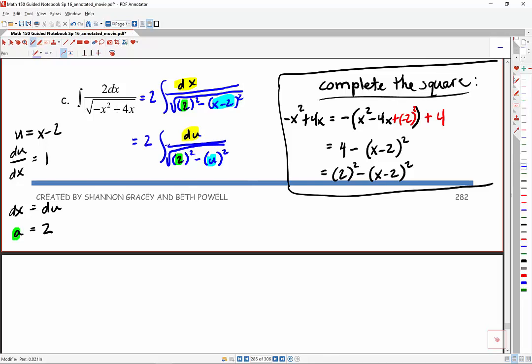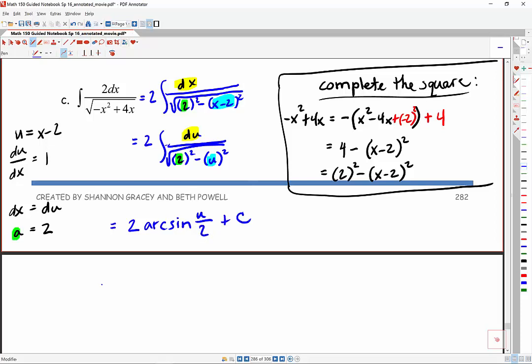All right, so this gives us a result of, good, 2 times arc sine of u over a, plus c.